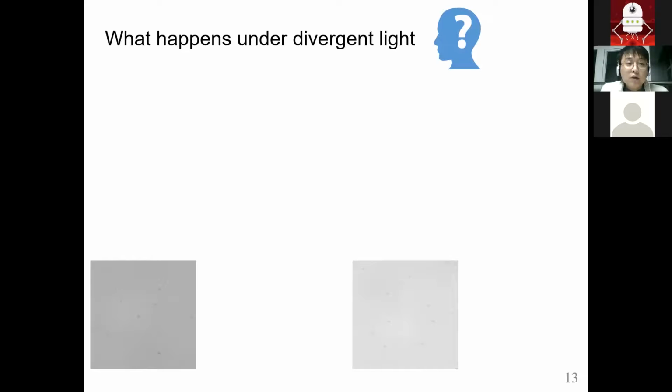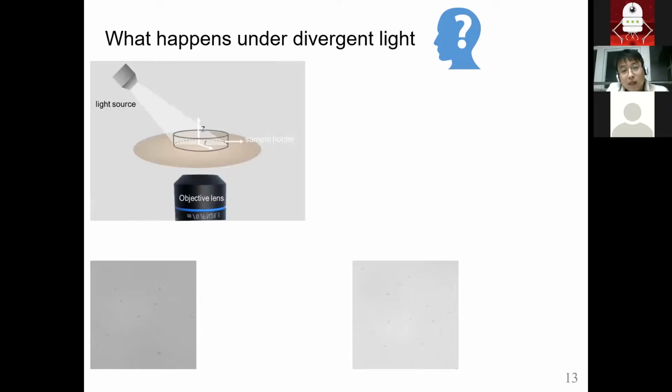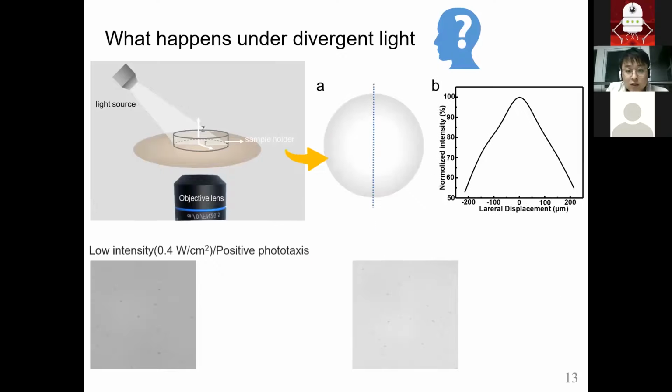Okay, the above case we just discussed is under parallel light. Another interesting question is what happens under diverging light. This is the schematic diagram of the diverging light spot.